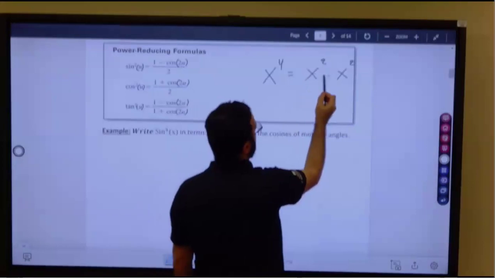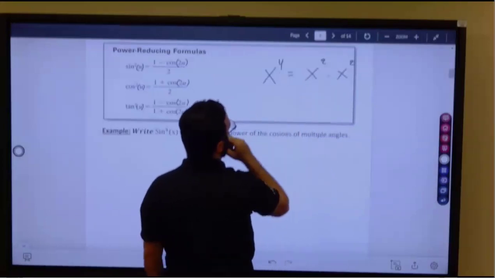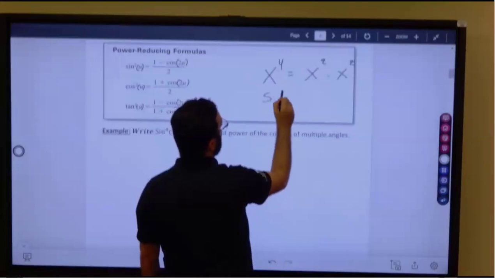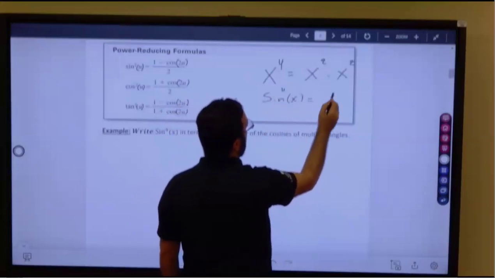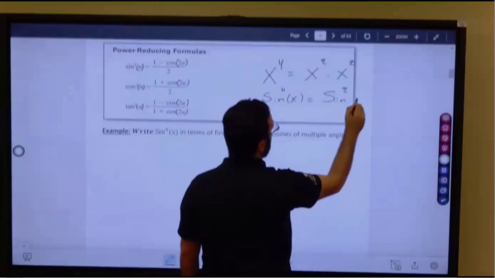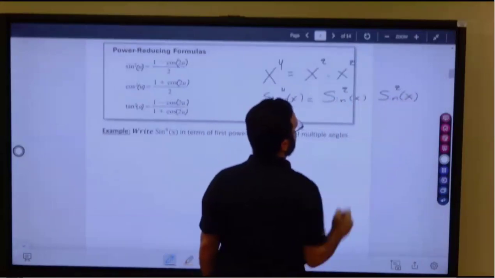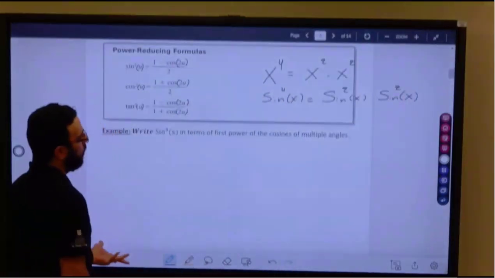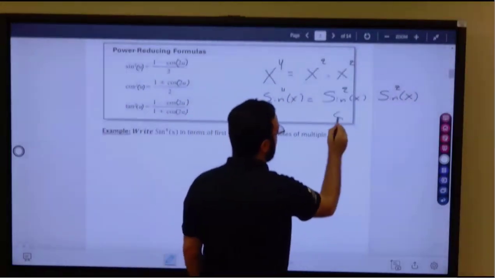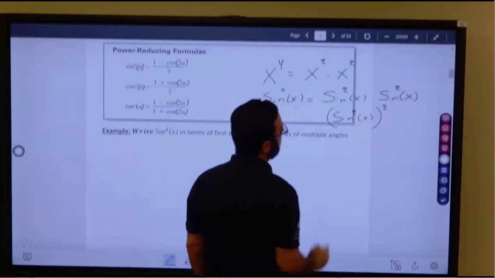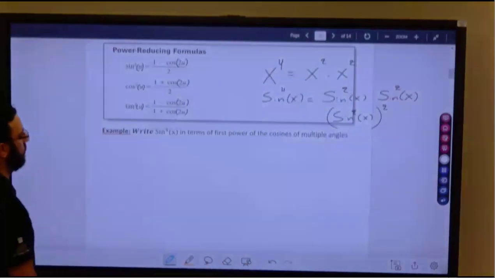It's the same thing: the same base, add the exponents, and it will be x to the power 4. The same thing with the sine: sine to the power 4 of x, I can say it's sine squared x times sine squared x, or you can say it's sine squared x, everything squared. Both ways are going to be right.